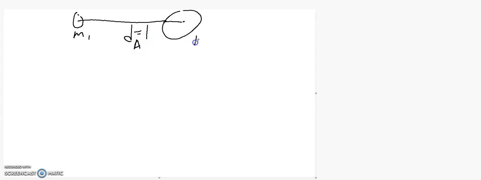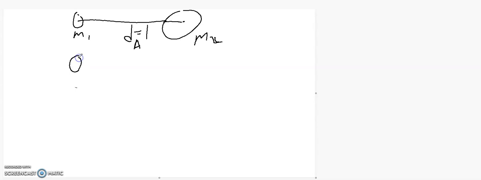And so this is mass 2. Sorry, that doesn't look like a 2. And now let's say that again, it's the same. That's supposed to be the same size as mass 1, or it's just a representation.